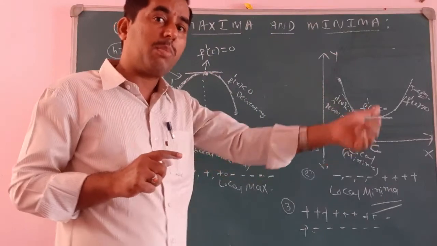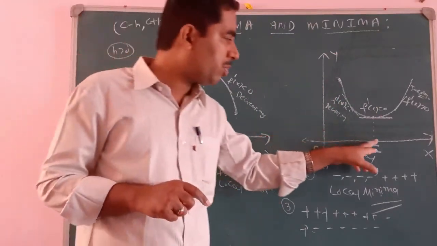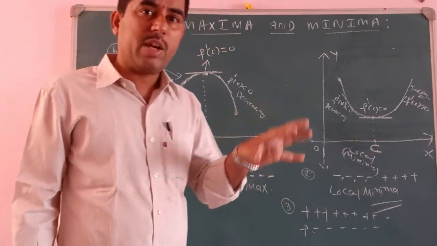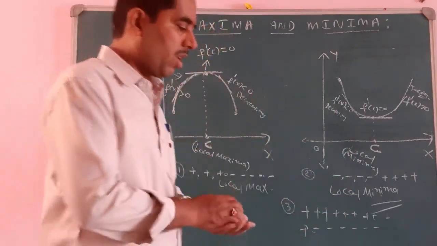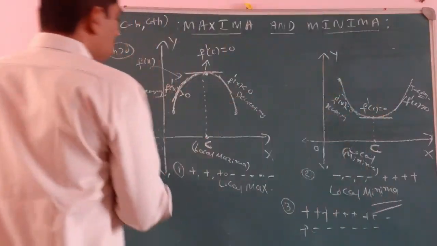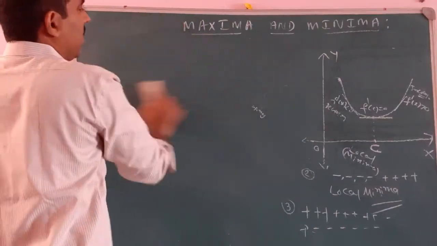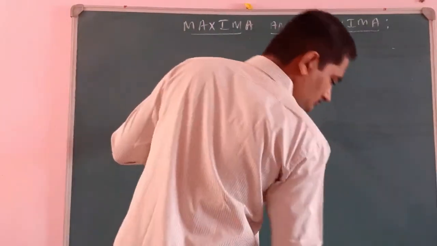Before that, we have to find the points at which the function has maximum value and minimum value. This is a very important concept. I will consider some examples later.